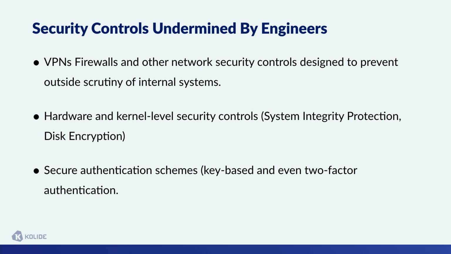Hardware and kernel level security controls, system integrity protection, disk encryption, even something as simple as disk encryption. We'll talk a little bit about that, but all it takes is a few things that they do from a backup perspective that totally undermine File Vault 2. And secure authentication schemes. This is now transcending the desktop or the device itself and talking about the services that they log into.